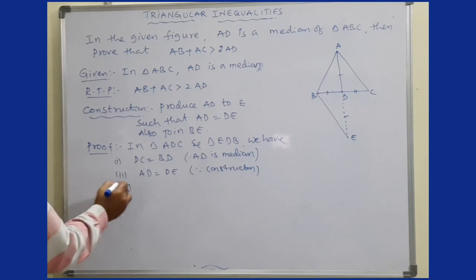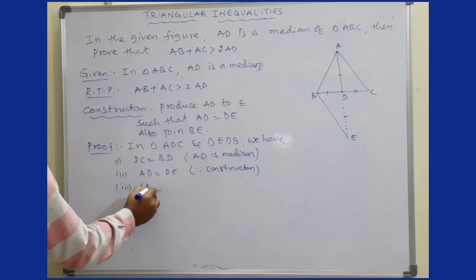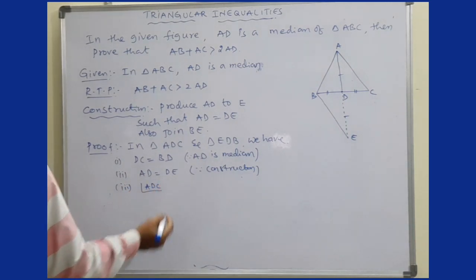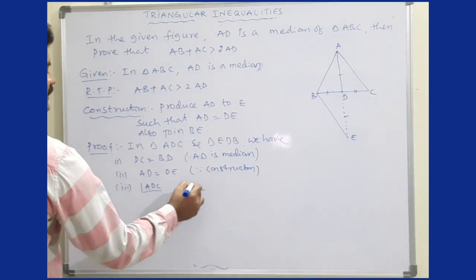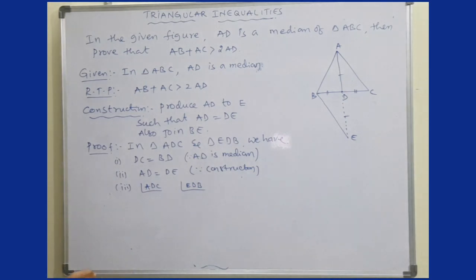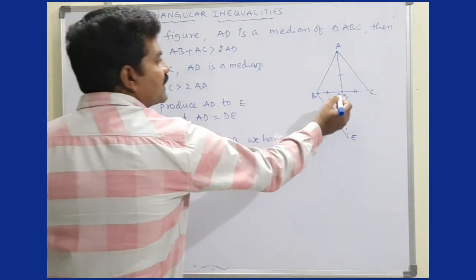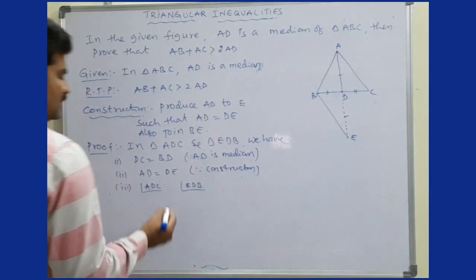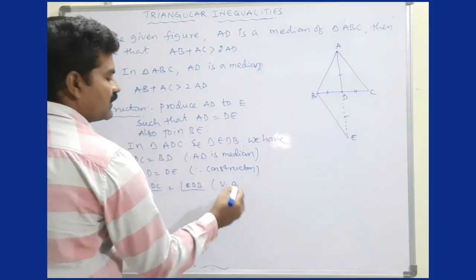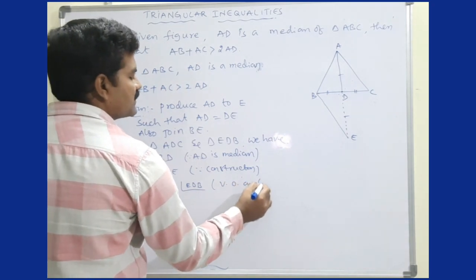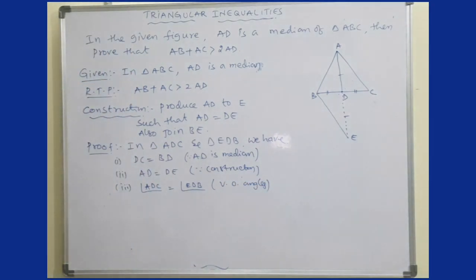And now, what can you say about angle ADC and angle EDB? These two angles are vertically opposite angles, no? That's why they are equal.